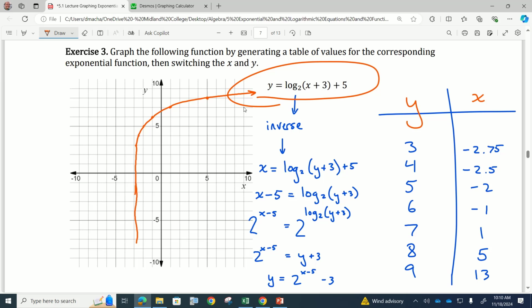I'm trying to draw as close to vertical as I can. Every logarithm is going to have this singularity where it just shoots off down to negative infinity at some point, and it's not defined on the left side. But that's how you do this problem.